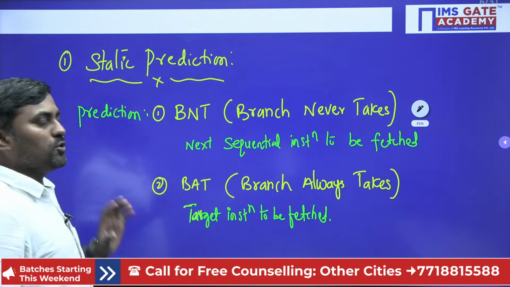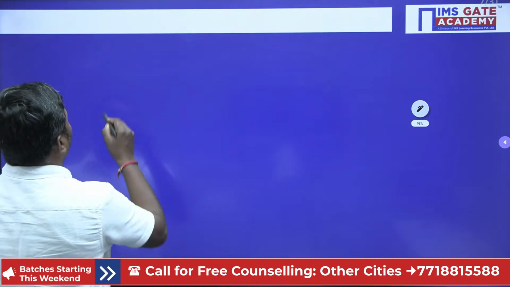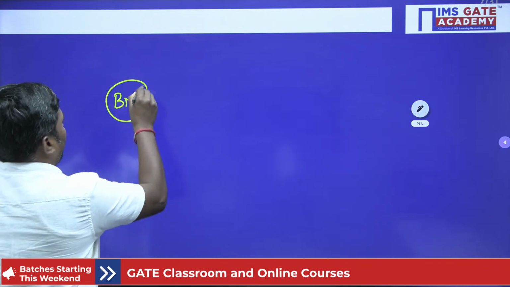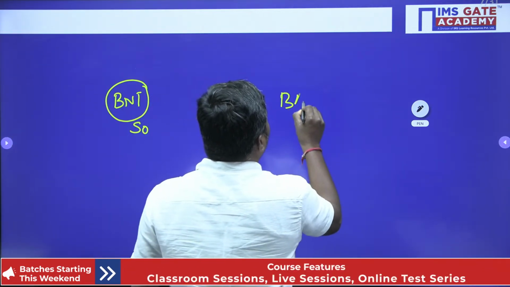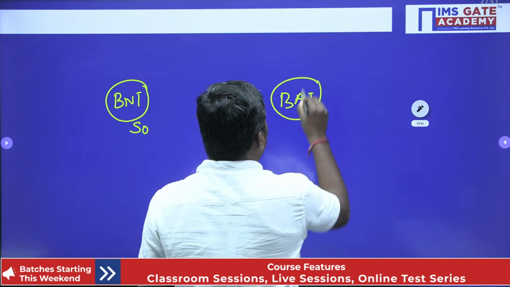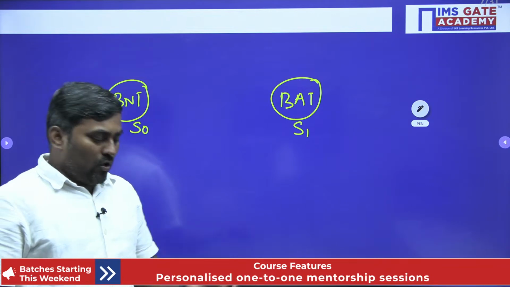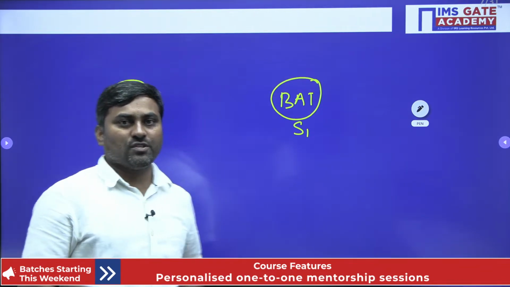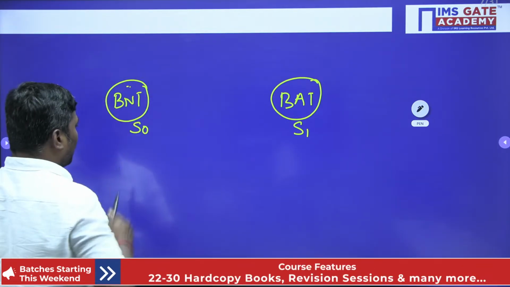There are two things to understand. Very simple, a two-state machine I can develop. Branch never takes is state number 0. Branch always takes is state number 1. Now see, whenever a branch instruction is fetched, the initial state is branch never takes.